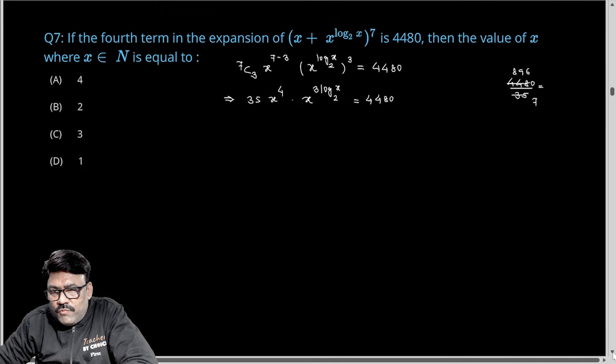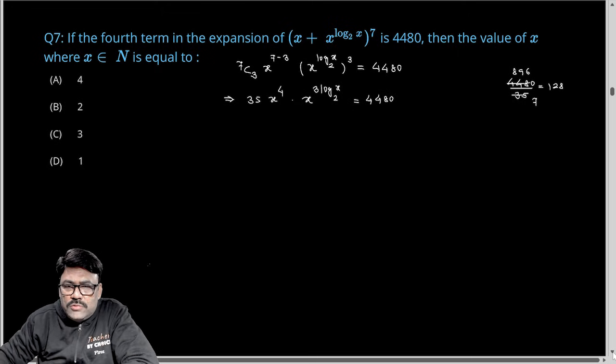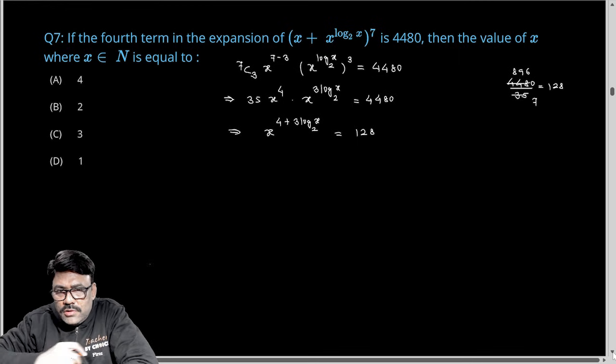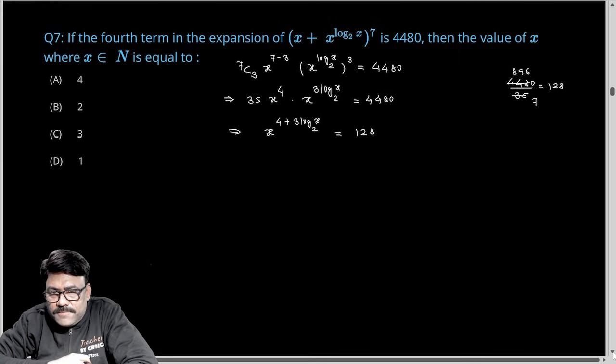So it will be 128 actually. So if I multiply these two, I will get x raised to 4 plus 3 log x with the base 2 is equal to 128.